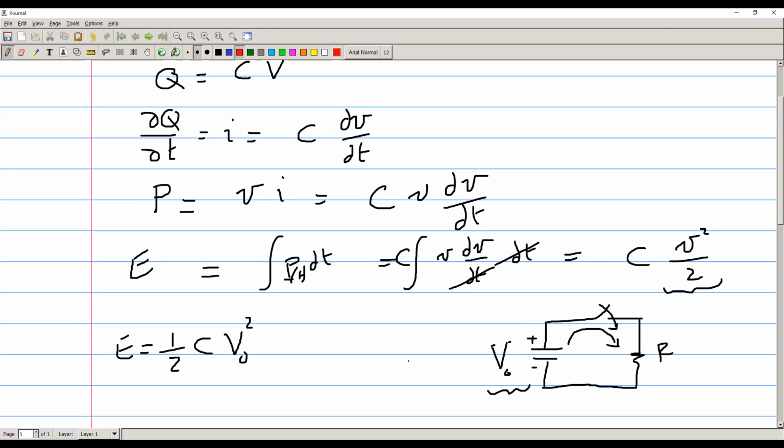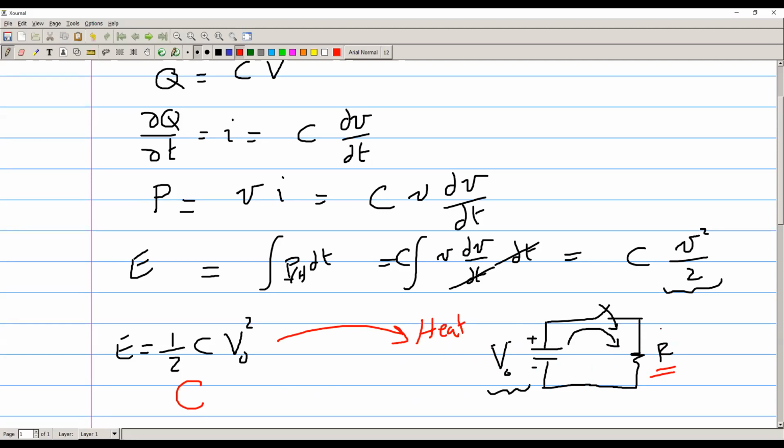It's going from the energy on the capacitor to the energy on the resistor. What in the resistor exactly? Heat. It's dissipated as heat. So it's going to go down as heat in the resistance.